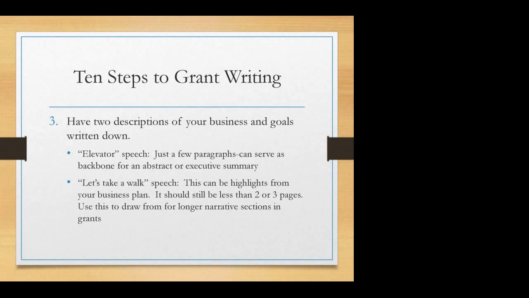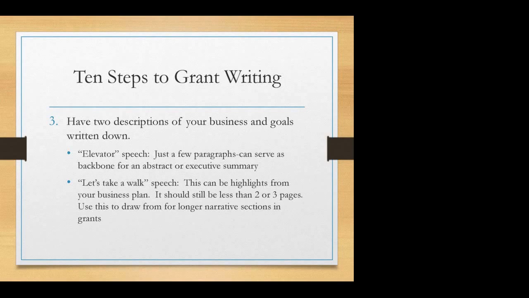So if you already have this written, when there's no pressure, no grant due, nothing due, it's a lot easier to use. And you can also use it if there happens to be a letter of intent. Executive summaries, letters of intent, abstracts, that's all a really great place to pull parts of your elevator speech. Then there's a let's-take-a-walk speech.